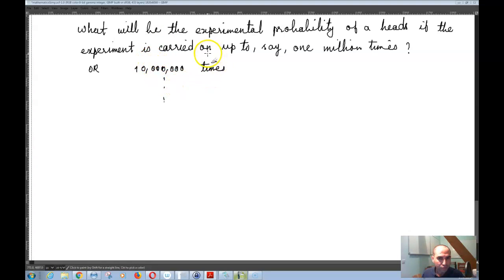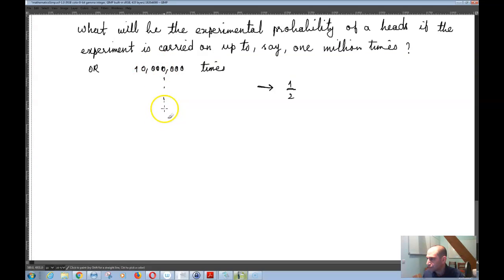Since we saw that the numbers were tending towards 1/2 either for the heads or for the tails, we would say that no matter how many times we toss the coin, let's say 10 million times, we are going to get exactly half of that time heads or tails.